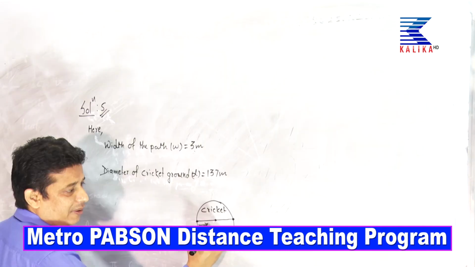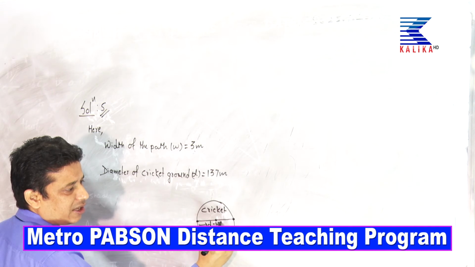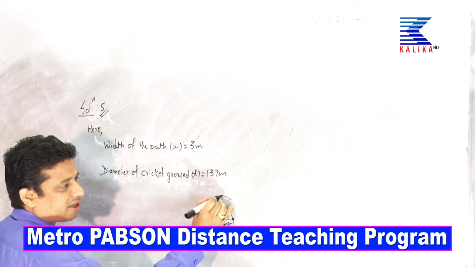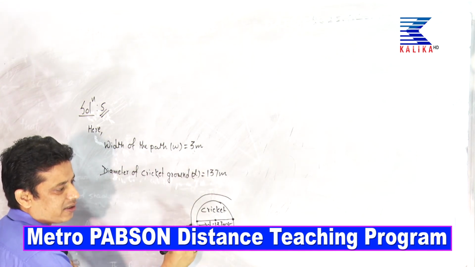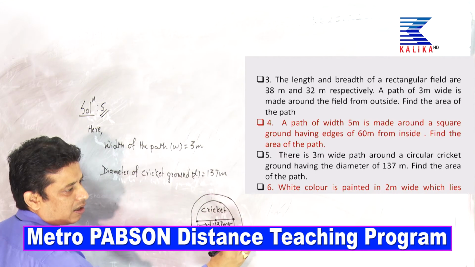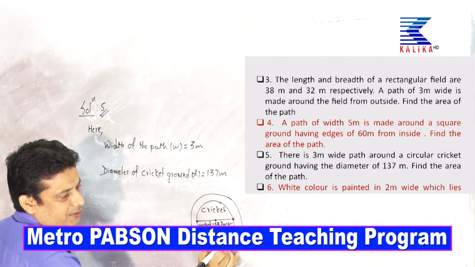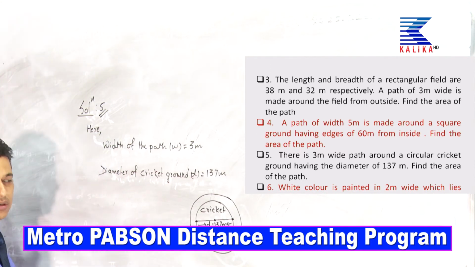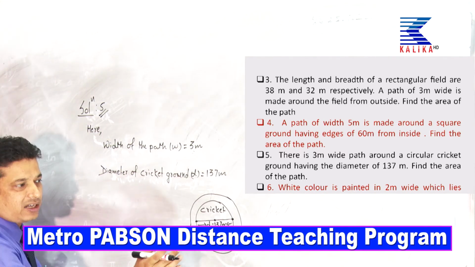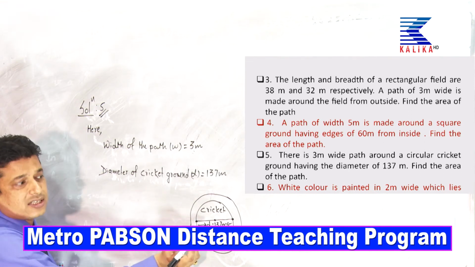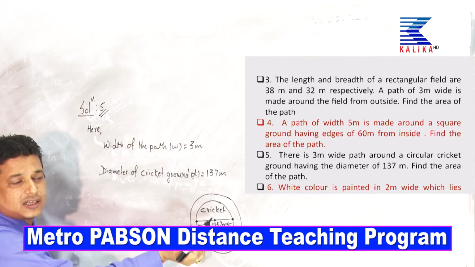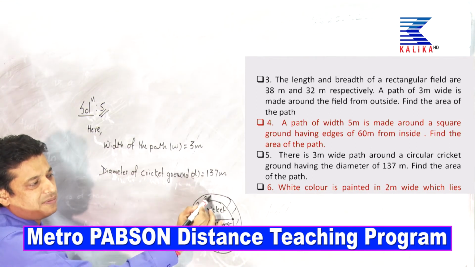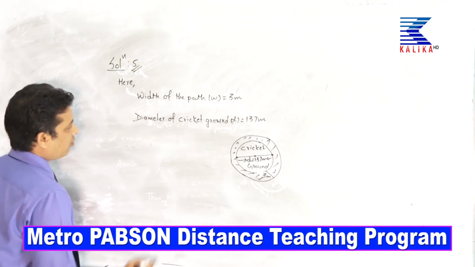Now, this diameter is given as 137 meter in the question, and outside this circular cricket ground there is a path, and this path is given as 3 meter. Do you understand the figure that I have drawn? So, this is the cricket ground inside, and this shaded portion is the path, and the width of the path is 3 meter. So, what do we know?